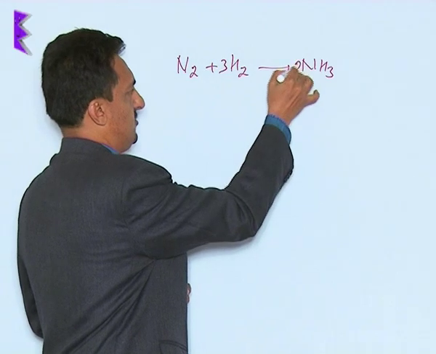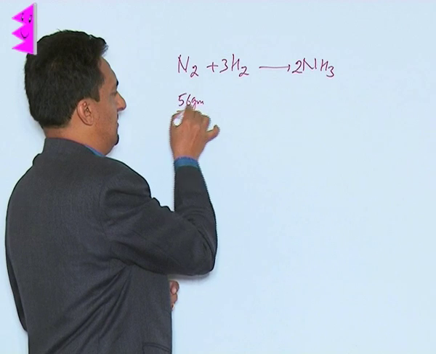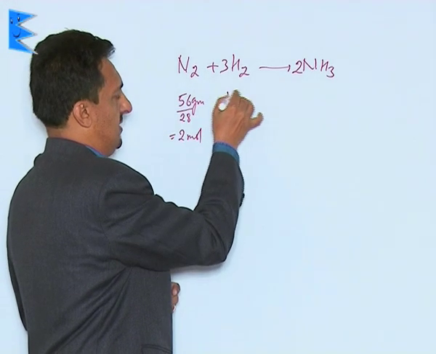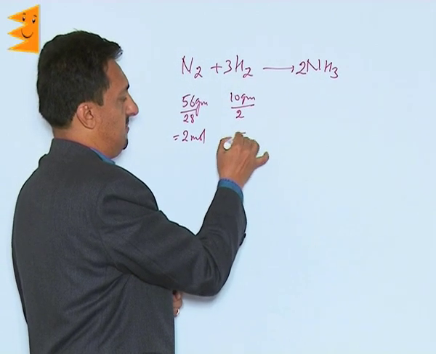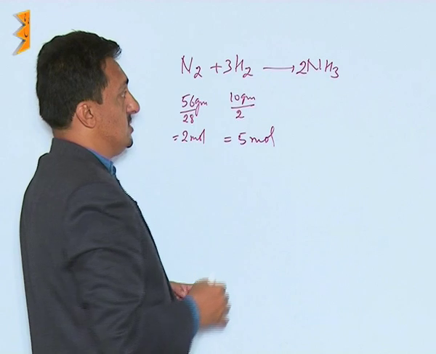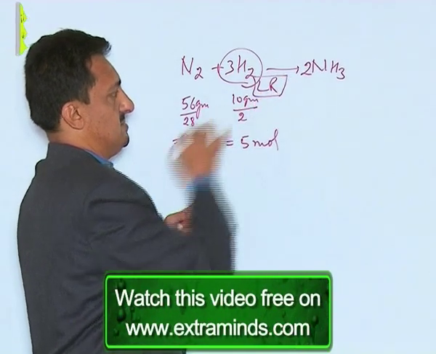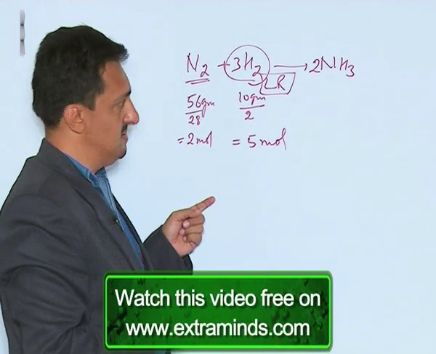This is 3, this is 2. We were given 56 grams of this, which when divided by 28 comes out to be 2 moles. And we were given 10 grams of this, which when divided by 2 comes out to be 5 moles. So this was our limiting reagent. Now we have to find out how much of the nitrogen remains unreacted.